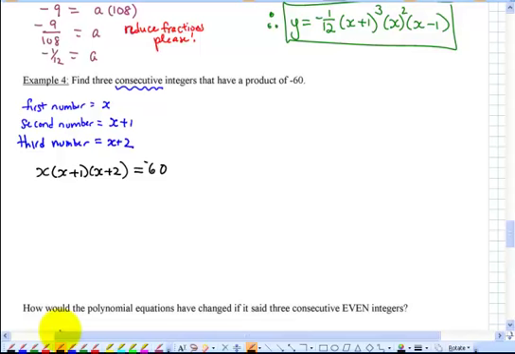Okay? And then we can expand this out. So I'm going to take these two here first and try to expand this. So we have x squared plus, and then I'm going to combine things together. 2x plus 1x is 3x. 1 times 2 is 2. We'll now distribute the x from the outside of the bracket.